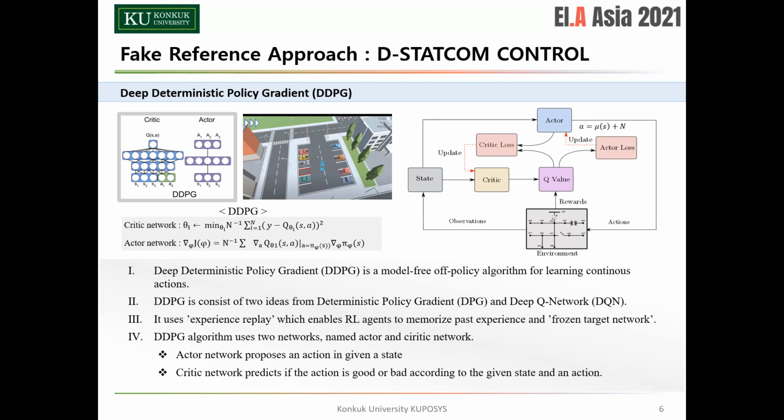So the DDPG algorithm uses two networks named actor and critic network. So when you want to design the model, you should set the parameters respectively, as there are two networks. The actor network proposes an action given a state, and the critic network predicts whether the action is good or bad according to the given state and action.